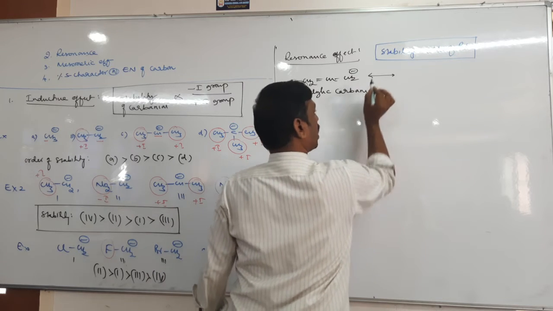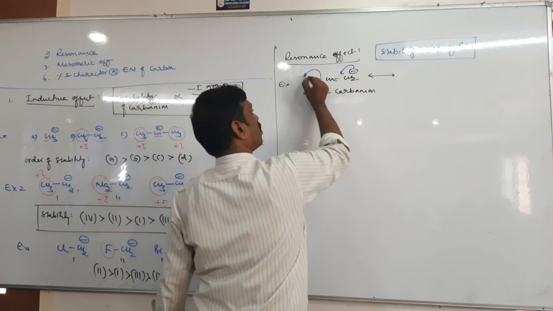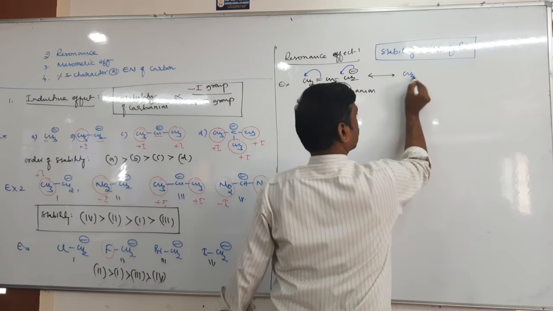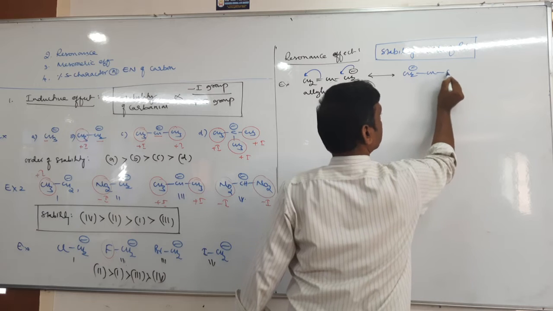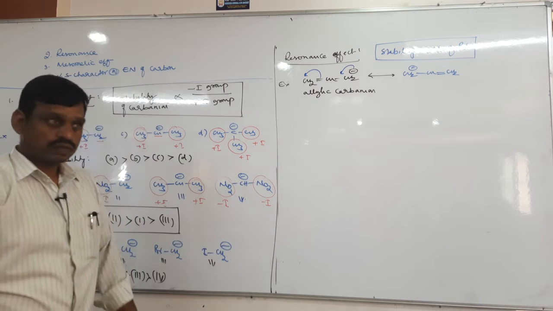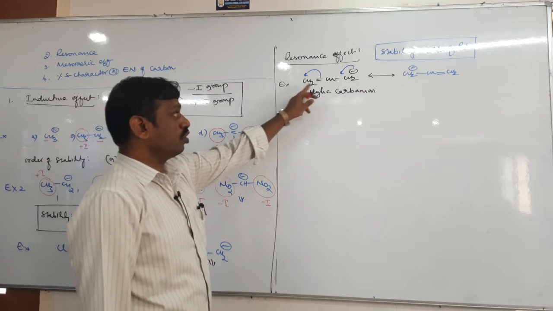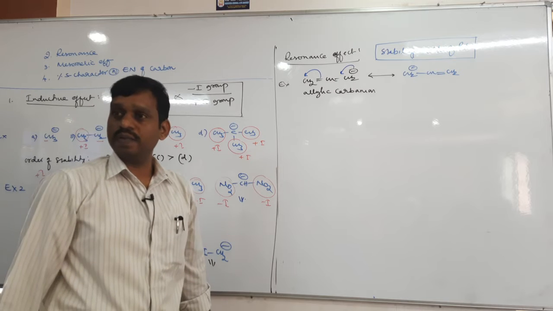So this allylic carbanion undergoes resonance, negative charge shifted here, this pi bond shifted here. Now I want to know what is the hybridization of all three carbons in allylic carbanion.